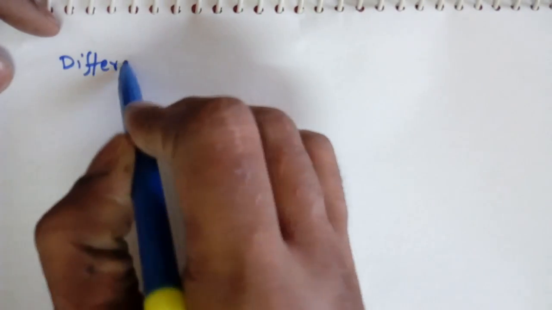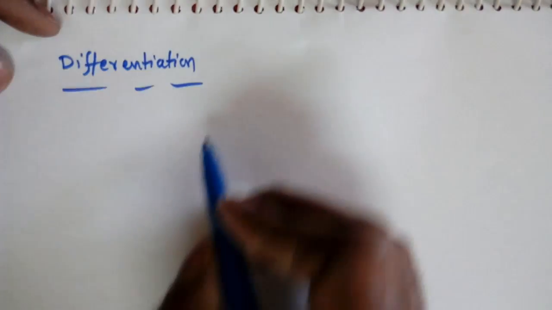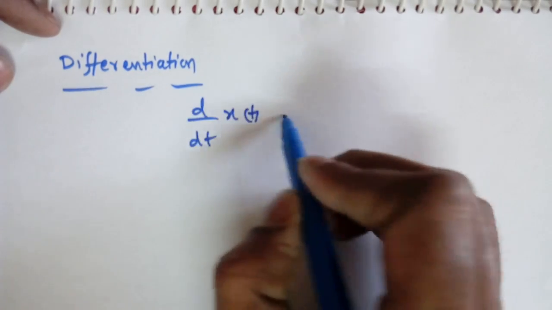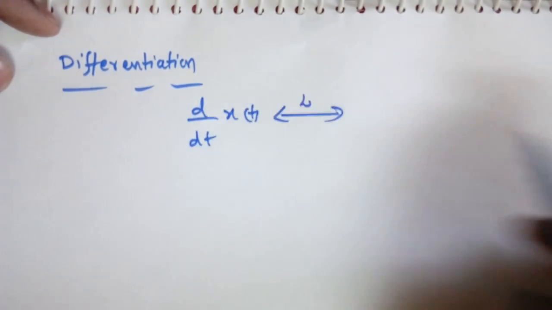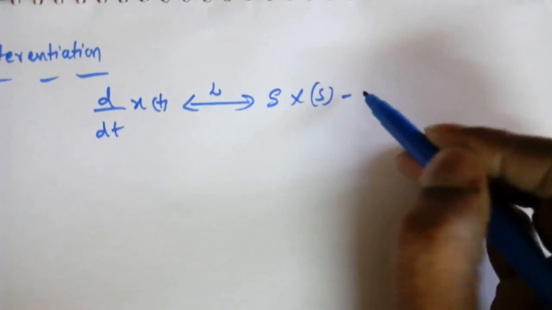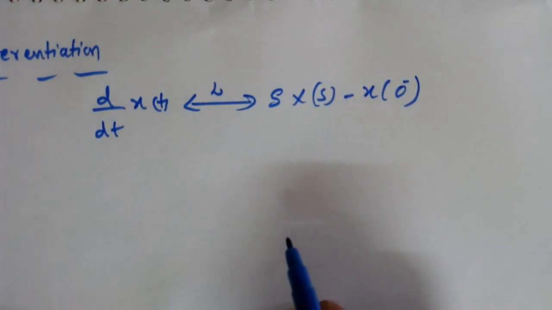So what is the differentiation property? If d by dt of x of t in time domain, then in Laplace domain it will become s into x of s minus x of 0 minus or 0 plus.